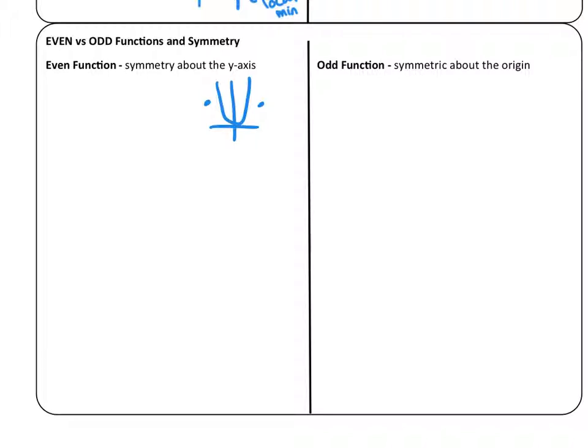So for an even function, it states that if you put a negative x into f of x, you will also get the same as the positive, for all x's in the domain. And that means that, yes, it's got that line of symmetry there. I'm going to show you an example in a second.